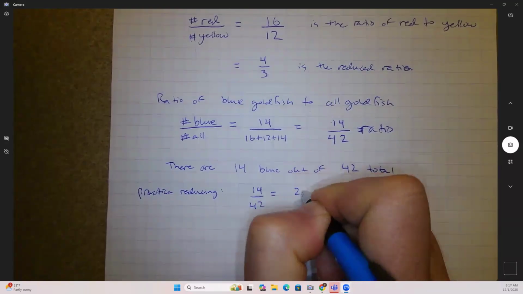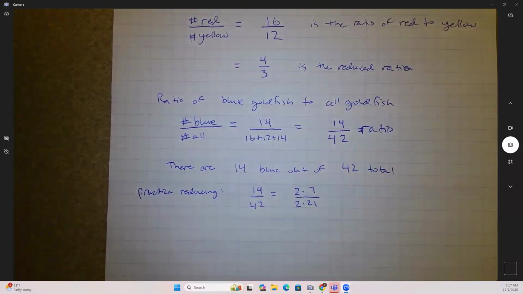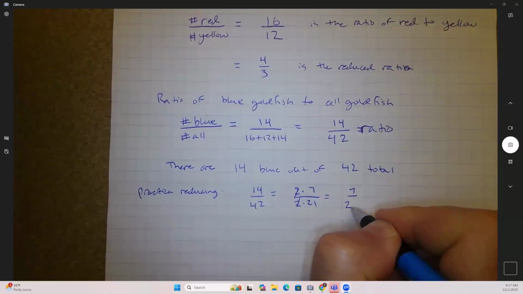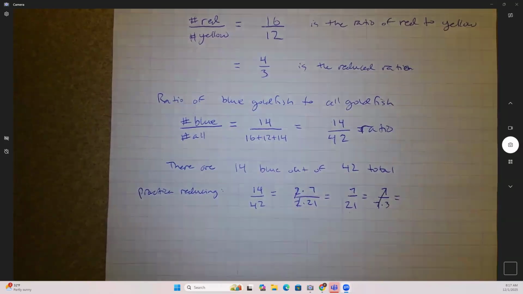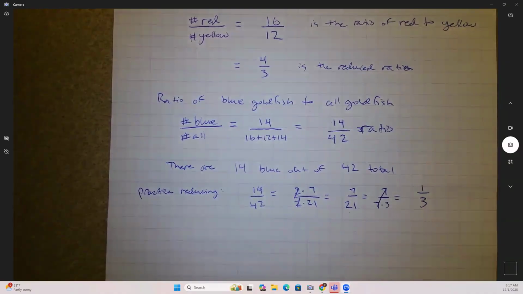Well, 14 is divisible by 2 and 42 is divisible by 2. So I can cancel those 2's. And 21 is 7 times 3. So I can cancel those 7's and I get 1 out of 3.